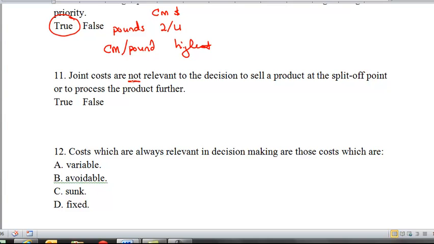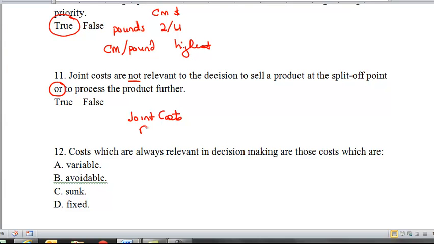Joint costs are not relevant to the decision to sell a product at the split-off point or to process the product further. And this is sort of tricky, but it has here "or," which means it's got to be true for both of these. What we're talking about here is what's called joint cost.